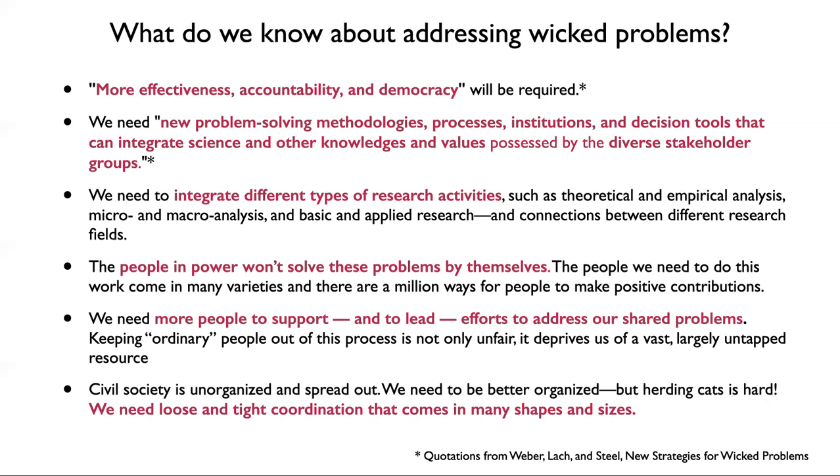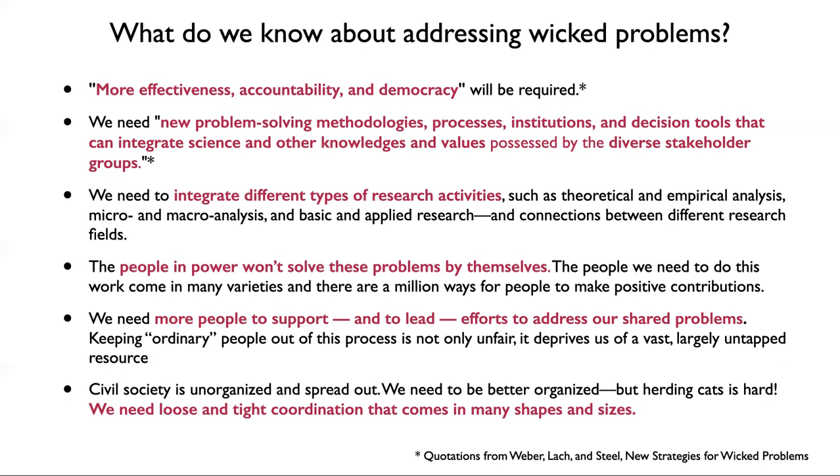The next bullet down is new problem solving methodologies, processes, institutions, et cetera, to integrate science and technocratic knowledge and other sorts of knowledges and values possessed by diverse stakeholders. Those are also needed. They need to integrate different types of research activities.